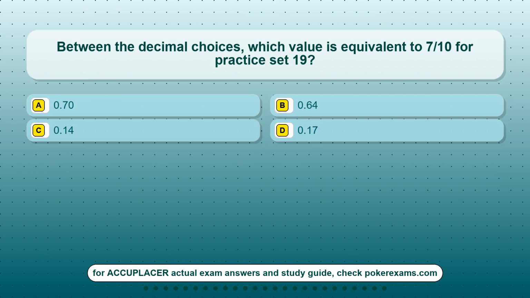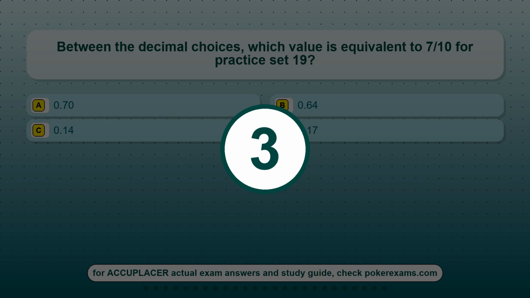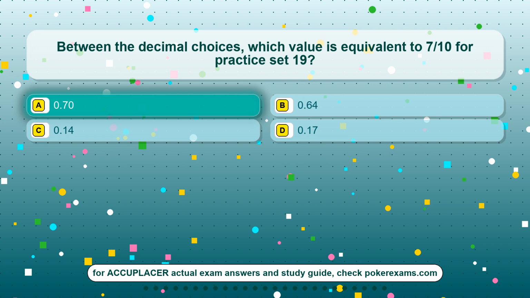Question 21. Between the decimal choices, which value is equivalent to 7/10 for practice set 19? Option A 0.70, Option B 0.64, Option C 0.14, Option D 0.17. The correct answer is Option A, 0.70.